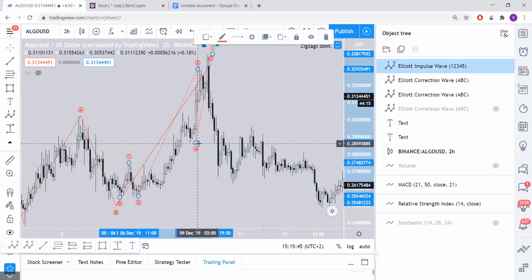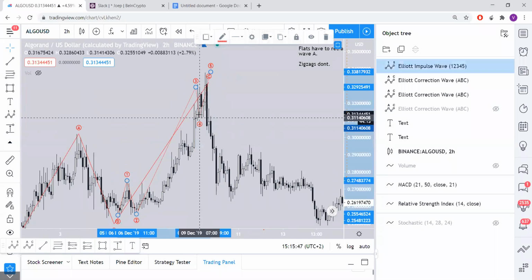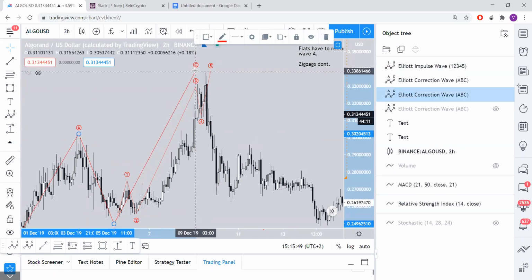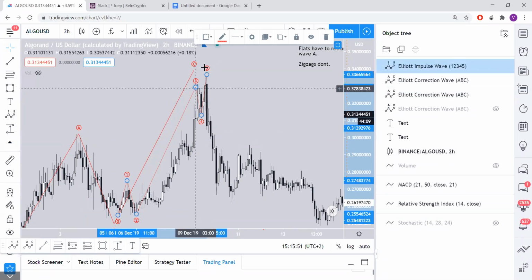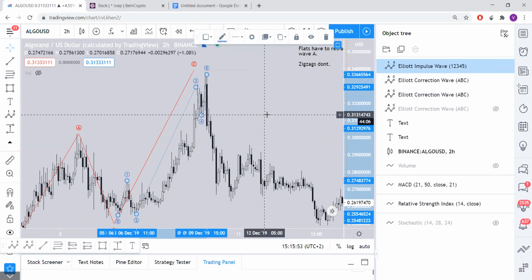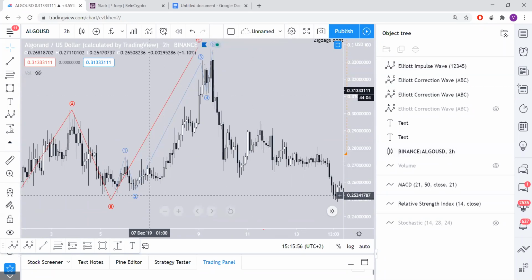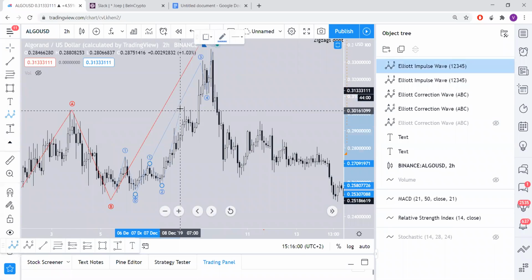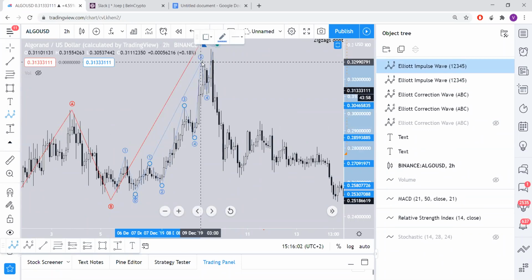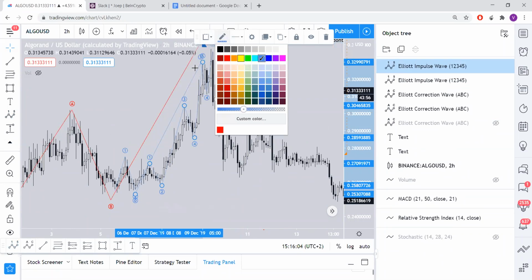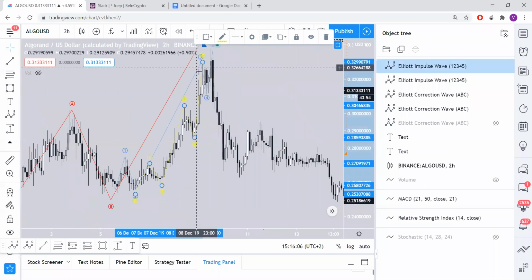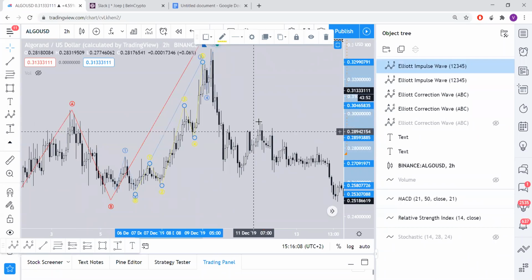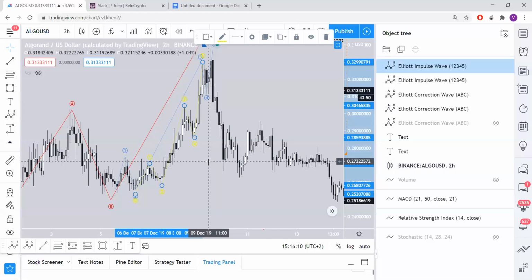I would have it like this, with an extended third wave. I'll do it in blue. But then even the smaller ones, so wave 3 here, would have to be created by another impulse. So if you're extending wave 3, then you definitely have to be able to outline another impulse inside it.